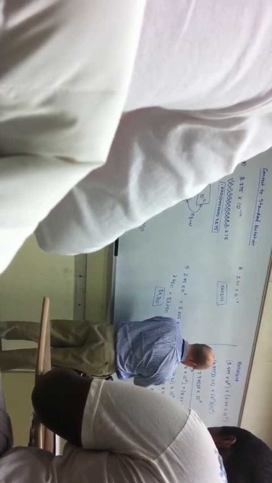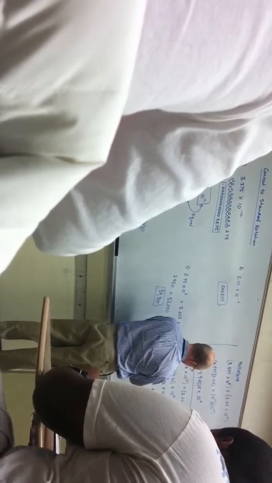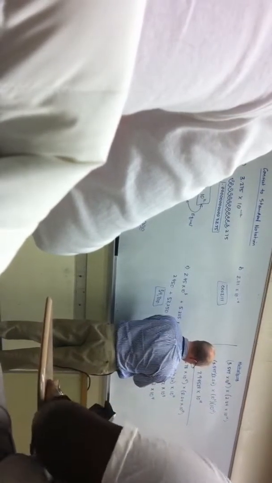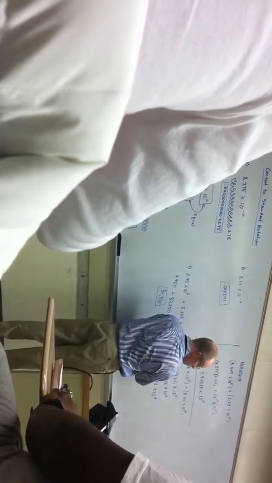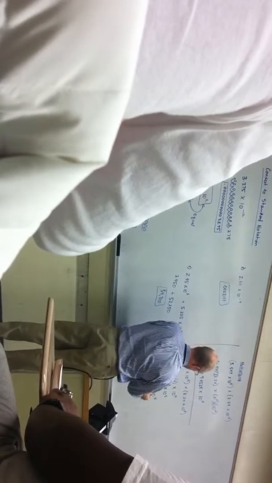And here's the thing. It's kind of like balancing this out. When I went from 47.6 to 4.76, did I make this decimal portion bigger or smaller? From here to here, is 47 becoming smaller? It is. To balance that out, I need to make this portion bigger.